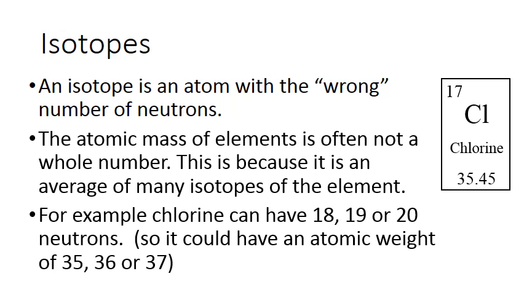If you weigh that sample, figure out its mass, and then divide it by the number of atoms in that sample, you end up figuring out that each one weighs, on average, 35.45 atomic mass units. So that's why there are decimal places in the atomic masses on the periodic table. It's because of isotopes.